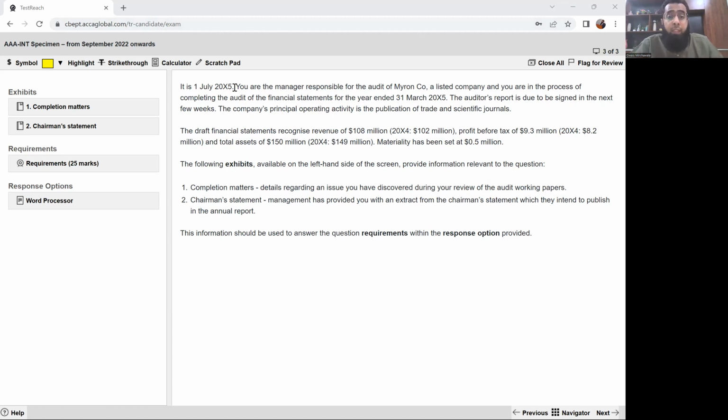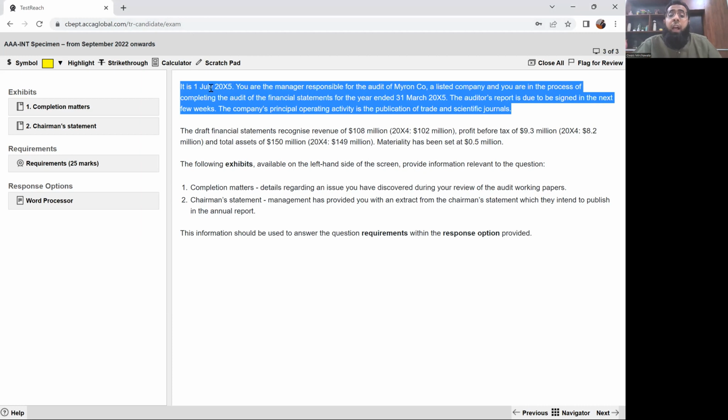Okay, so let's start. It is 1st July 2005. You are the manager responsible for the audit of Myron Company, a listed company, and you are in the process of completing the audit of the financial statements for the year ended 31st March 2005. The auditor's report is due to be signed in the next few weeks.